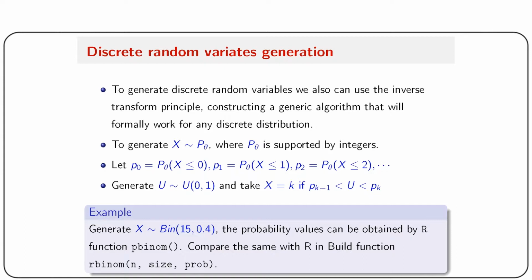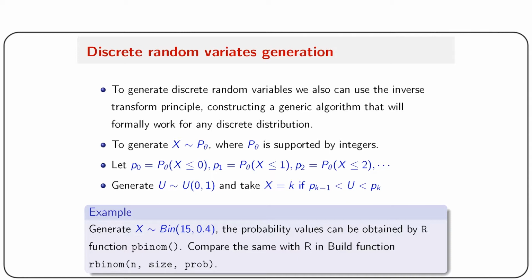So to generate x from p theta, a probability mass function supported by integers, let p0 be P theta (x less than or equal to 0), p1 equals P theta (x less than or equal to 1), p2 equals P theta (x less than or equal to 2), etc. And then generate a uniform random variable from uniform 0, 1, and take x equals k if p(k minus 1) is less than u less than pk. So this is the algorithm that we are going to follow for all the discrete random variate generations.